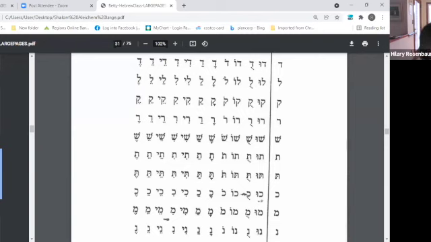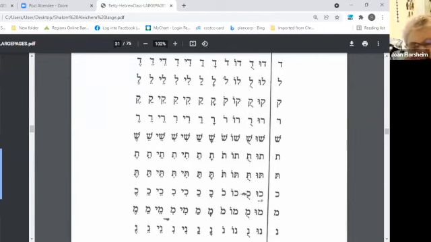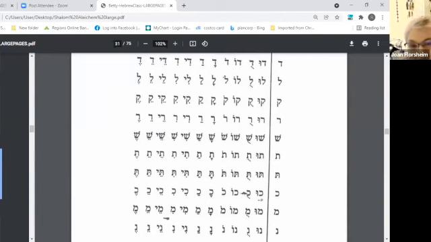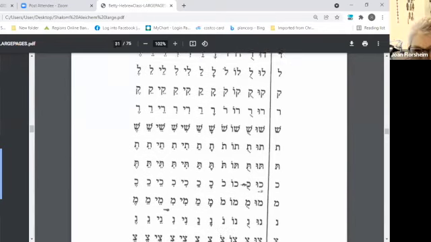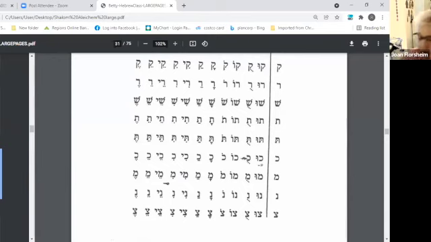Above the Lamed, no, that's a Dalet. I'm going to give you the correct name. The Nun is below the Mem, at the bottom. So the Reish is above the Shin.